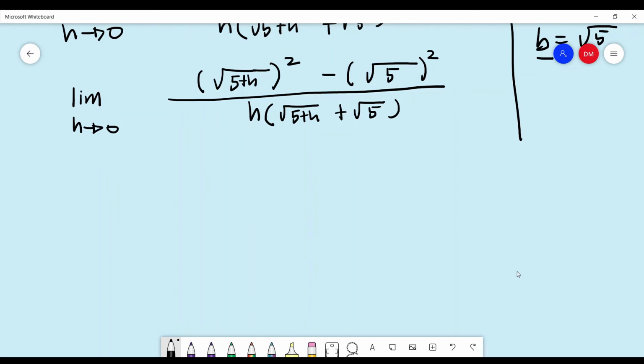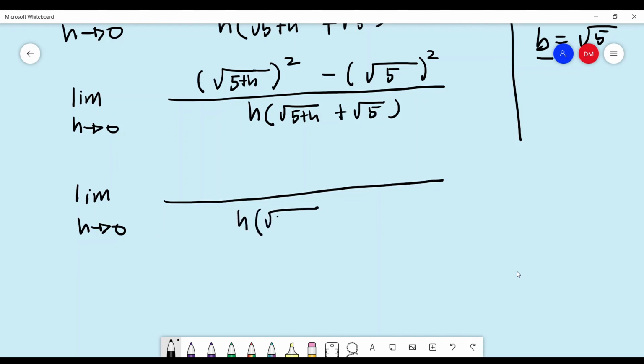So let us continue. In the denominator, we will just rewrite again h open parenthesis square root of 5 plus h plus square root of 5.